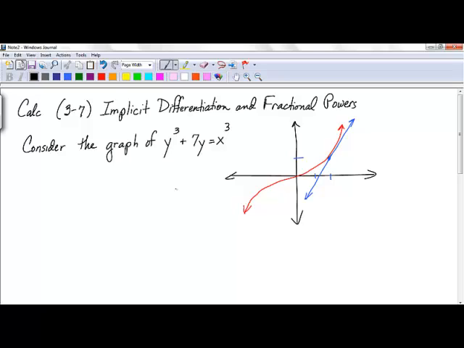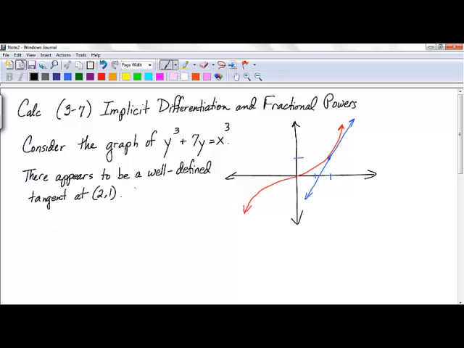Y cubed plus 7y equals x cubed. Okay, if you consider that graph, there appears to be a well-defined tangent line at (2, 1), and that would be the blue tangent line, tangent to that curve, just touching it.